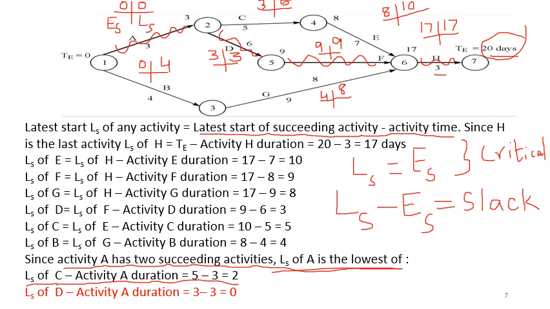For example, if someone asks you what is the status of the project at the end of the 18th day, the previous method, the maximum path method, will not give you an indication where your project actually is. But with this particular method, seeing the network diagram and the earliest start and latest start, you can tell that at the end of the 18th day, the last activity H has started and it will take another 2 days to complete.